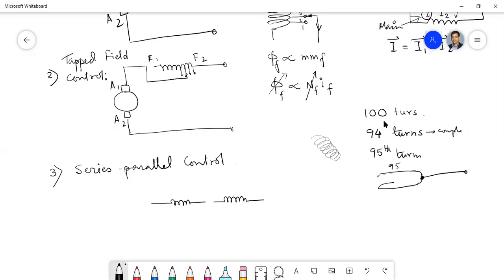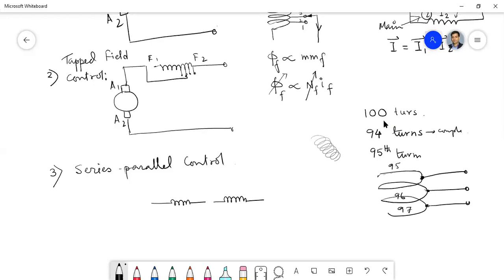In this way, this is the 96th turn; you rupture here and bring it outside. Like the 97th turn, rupture here, bring outside.